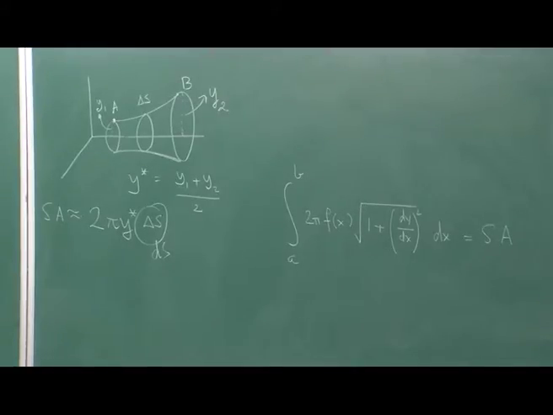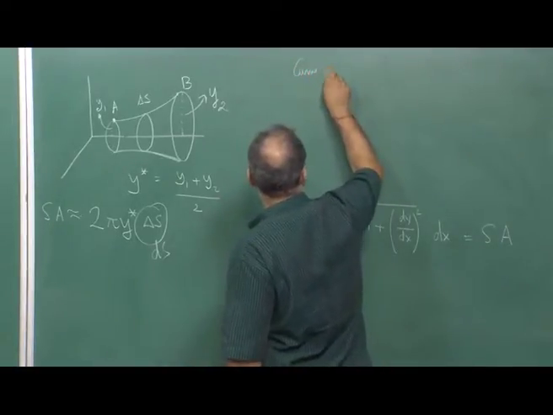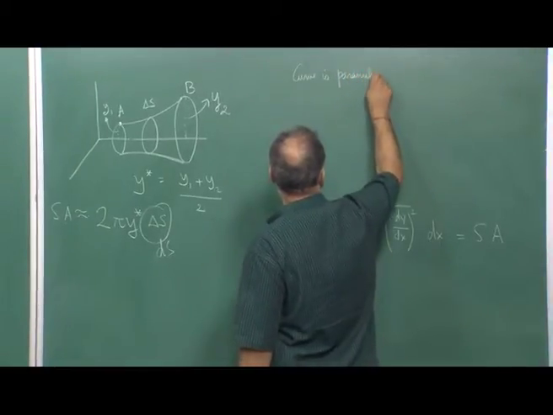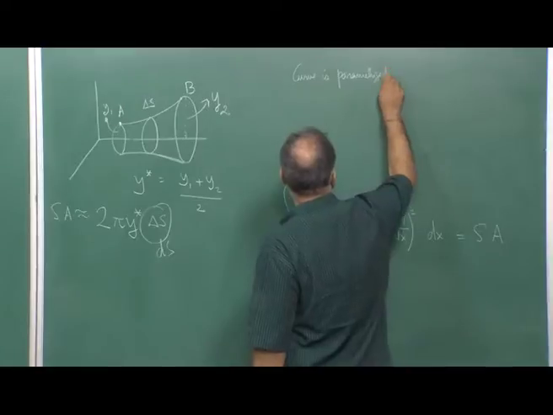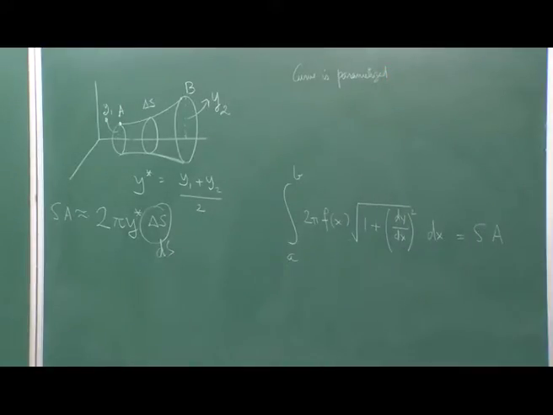Now, an example that I want you to find. This is what you have for a curve y equal to f x. Now, suppose I have a curve which is parametrized, like a circle, and t is the parameter, then what would be the formula?